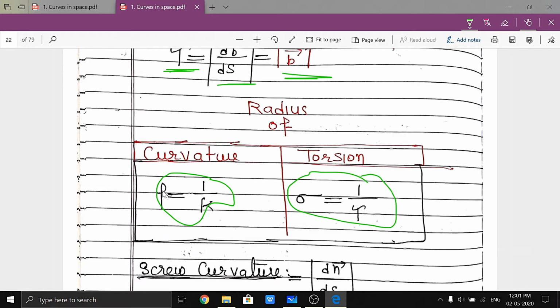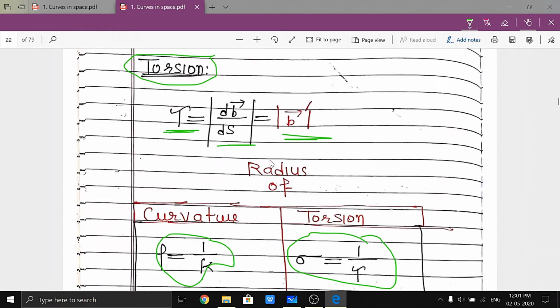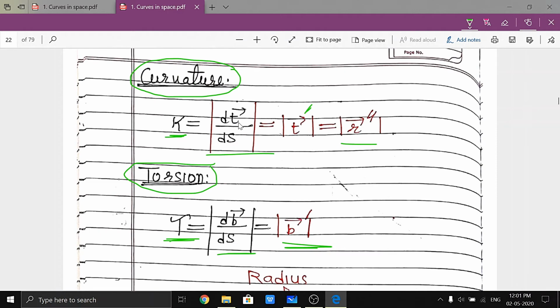That is the difference between these two. So r for rho, r for radius of curvature, and sigma is the radius of torsion. Clear? So here we discussed in terms of T and in terms of S.